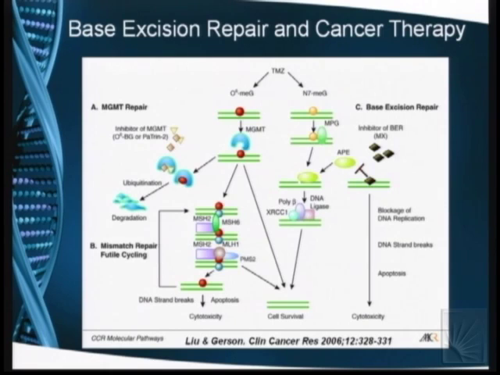And if the damages are excessive and they're not repaired through MGMT, then in replication, mismatch repair system will see this damage and try to repair it, but it won't be able to repair it because it's not in the newly synthesized strand. So it will go through a futile cycling, and it will end up signaling cytotoxicity and cell death.